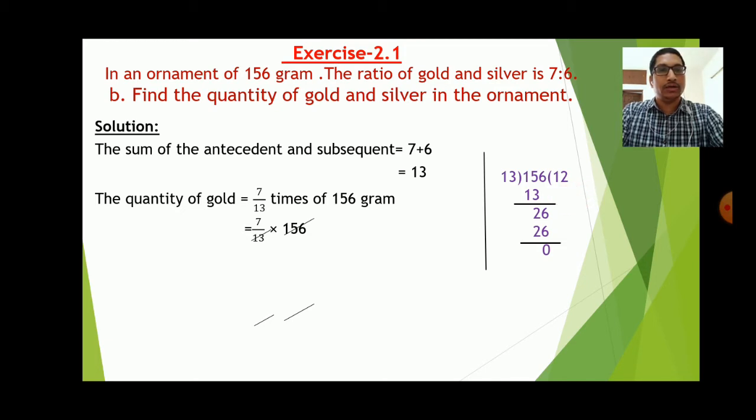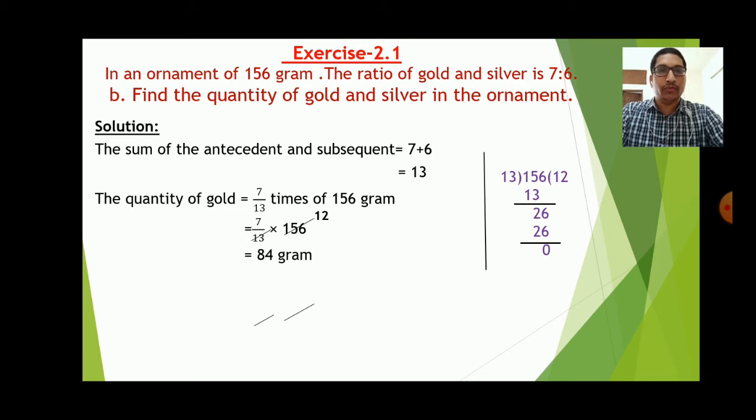Okay, so 12. Now we will multiply 7 and 12. So if we multiply 7 and 12, then it will be 84 gram. So already we have got the quantity of gold, 84 gram.